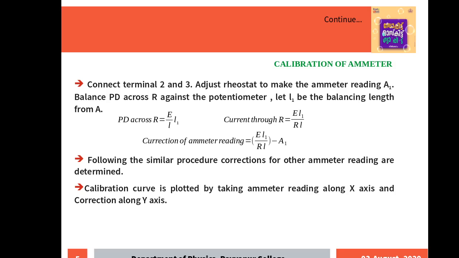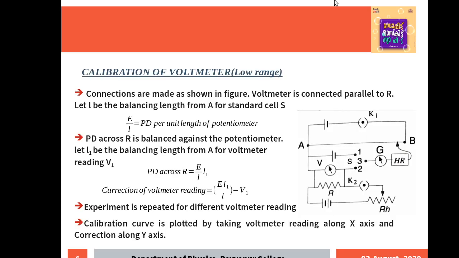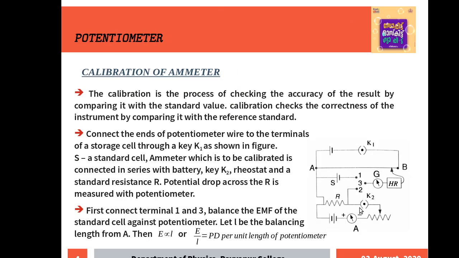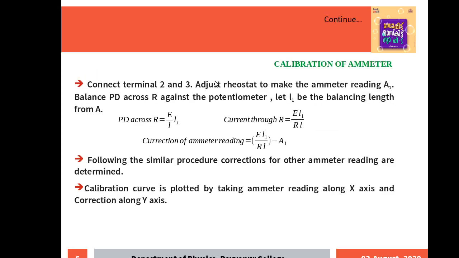What I am doing is connecting this 2 and 3, and I will adjust the rheostat so that a current A1 is moving through this ammeter. So I adjust the rheostat to make the ammeter reading A1.